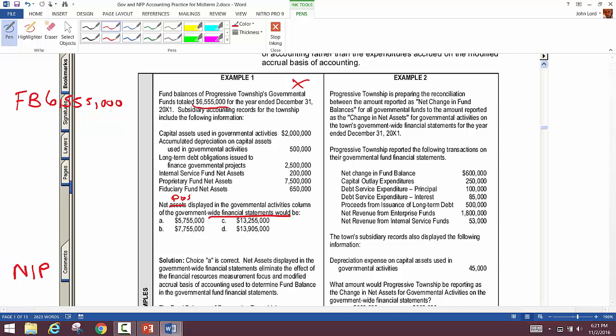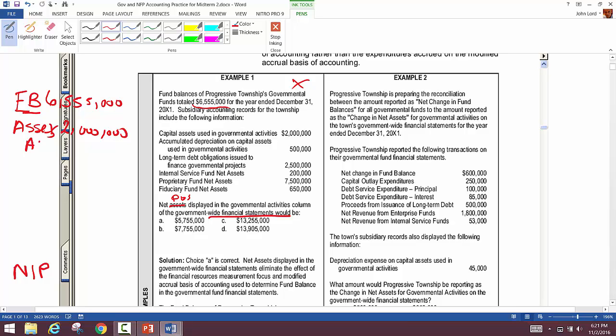Okay. And so now I just need to read this and see what I should do with these different things. So capital assets using governmental activities, should I add that? The assets I'm going to add. How much is it? 2 million? Okay, good. How about the accumulated depreciation?